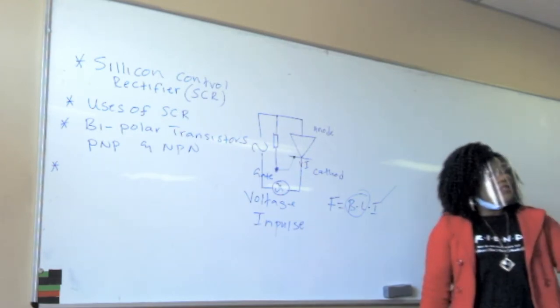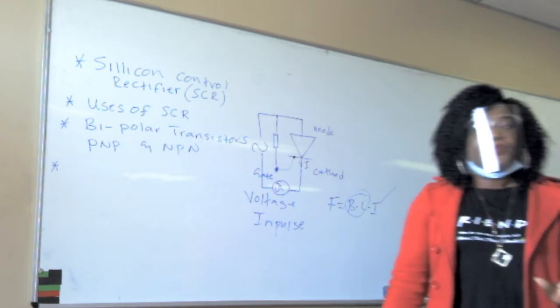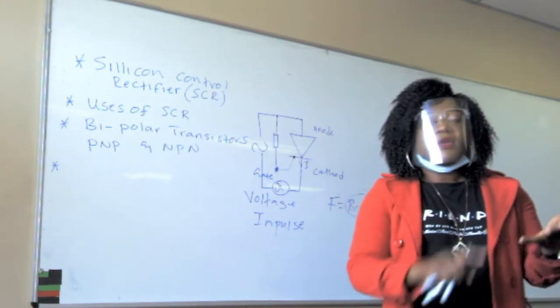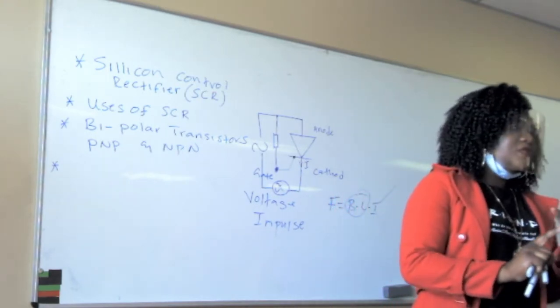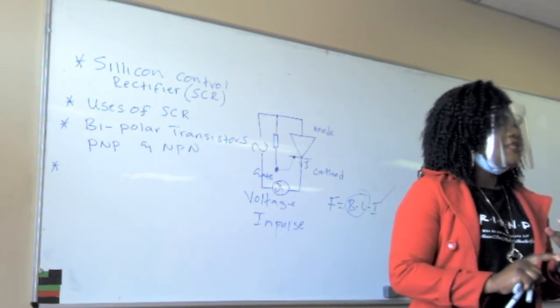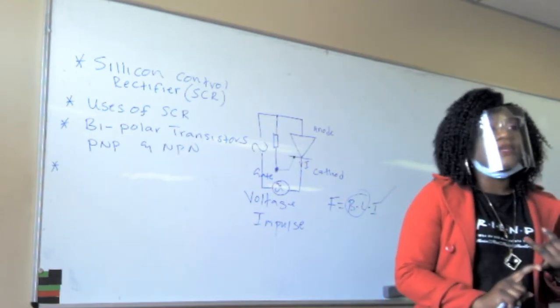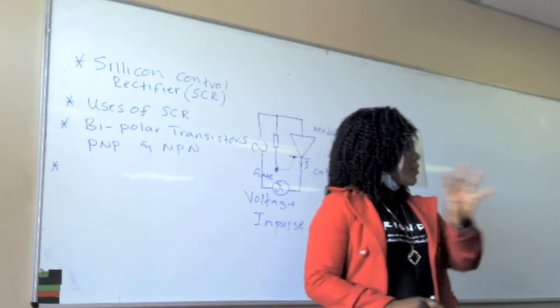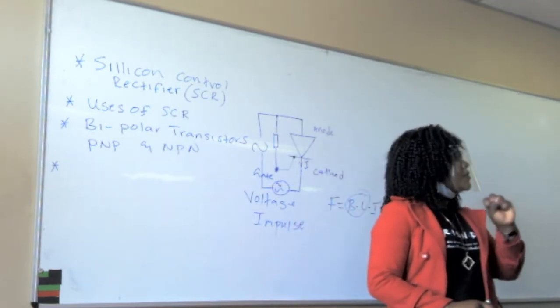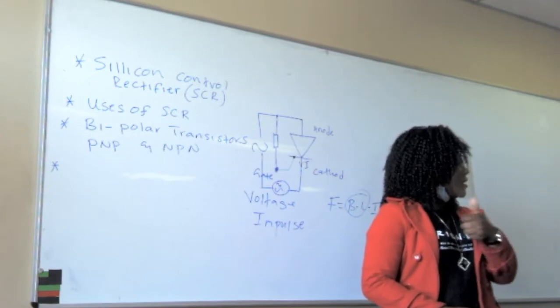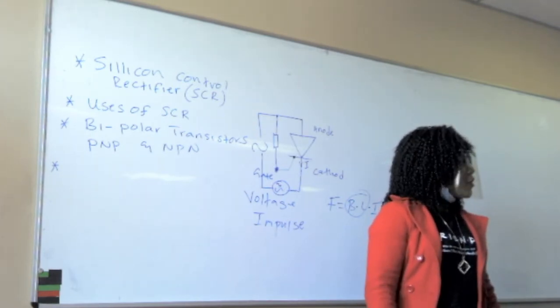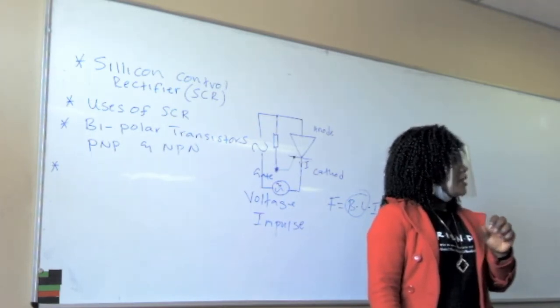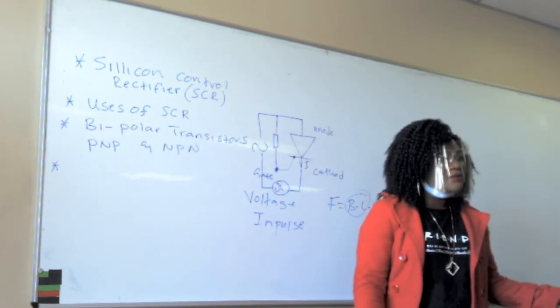So when we look at the uses of SCR, you must talk about light dimmers. Do you know disco lights? Or just light dimmers? Because the light dimmer is on, off, on, off, on, off. So what is causing that on and off? It's this device. Because when it's off, it means that the impulse voltage is 0 volts.